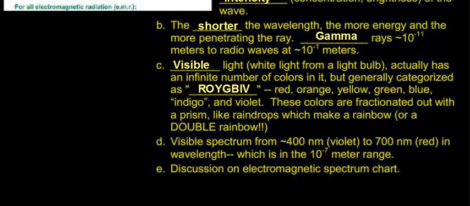Now, there's an interesting story about this. Isaac Newton was actually the person that figured out how to fractionate the light and how to create a rainbow from white light. And when he did, he found that the colors were actually red, orange, yellow, green, blue, and purple.